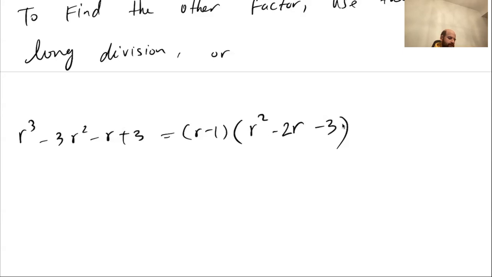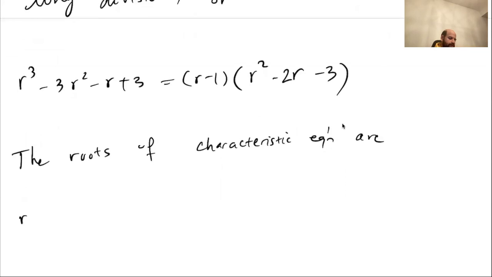So the roots of the characteristic equation are r equals 1 and r equals minus b plus minus root b squared minus 4ac, so plus 12, divided by 2.